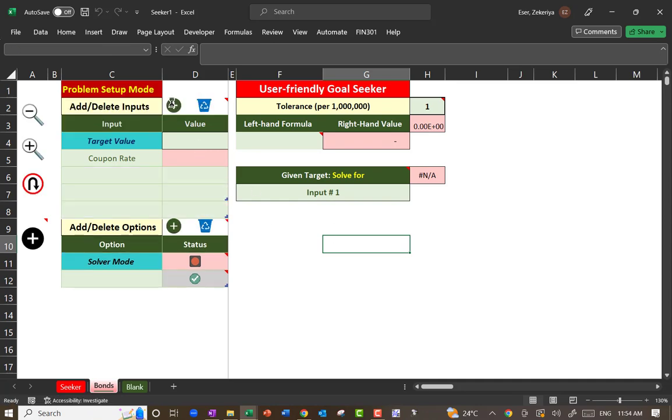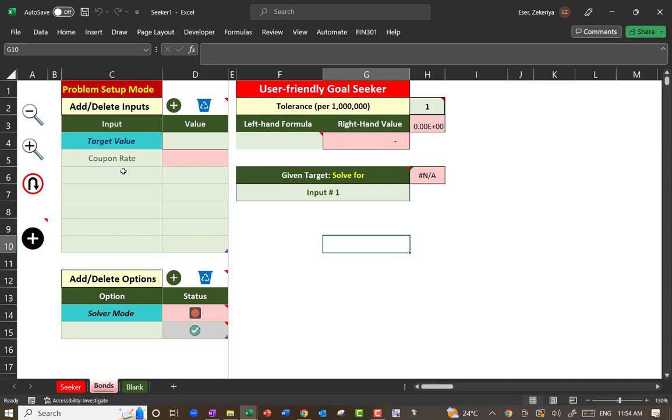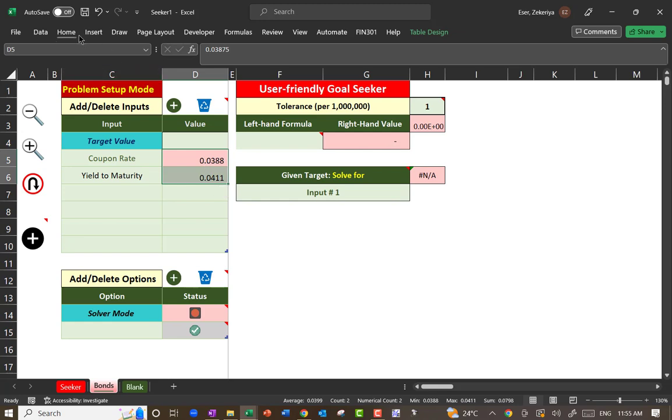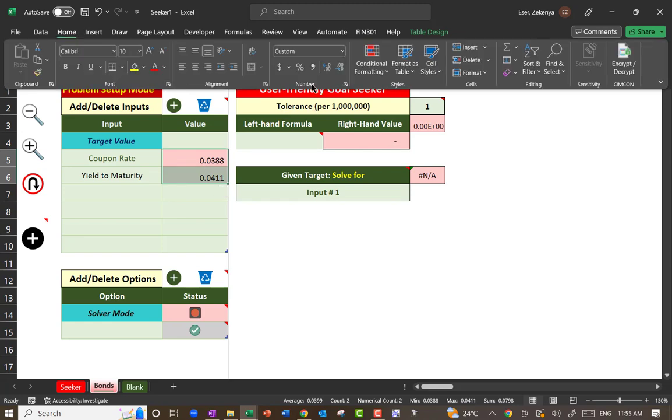I'm going to add a few ones. I can always delete them if it's too much. Yield to maturity. And let's put that. Since I'm going to have these guys, where are you?